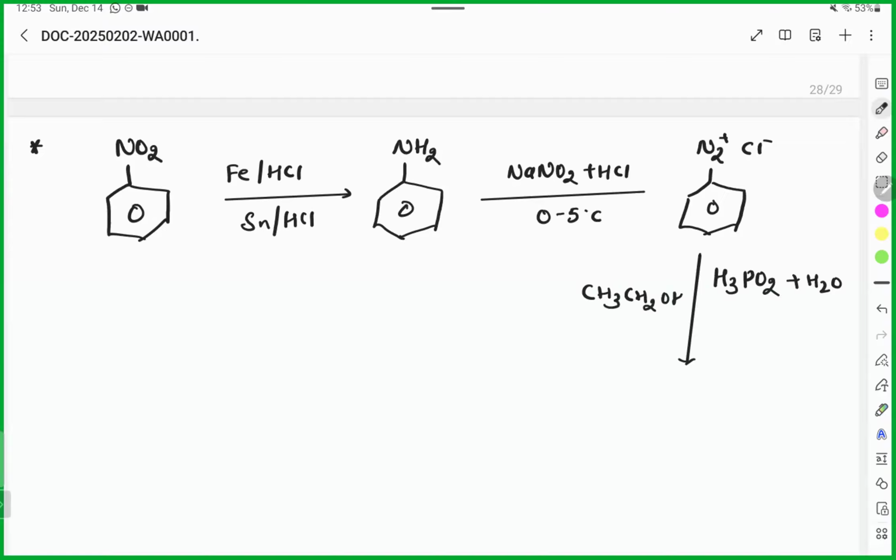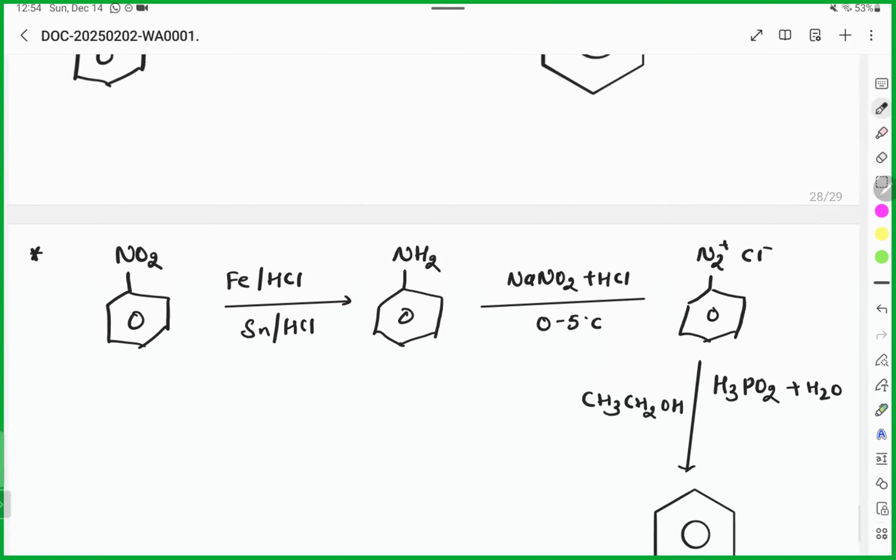You should add both because it will be practice for you, that ethanol and H3PO2 both are forming benzene ring. Understood? As simple as so. These are the three-step reaction, but important. Got it?